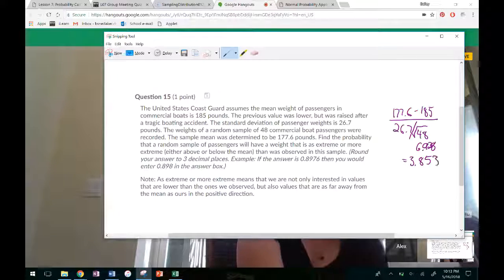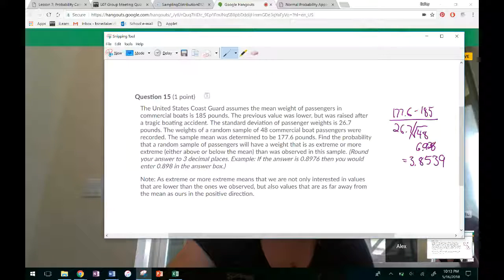So 5.006. I got a negative number. Is that right? It's going to be negative because you're subtracting 177 by 185. So yeah, that's fine. We got negative 1.92. Yeah, sorry, mine did the math wrong.